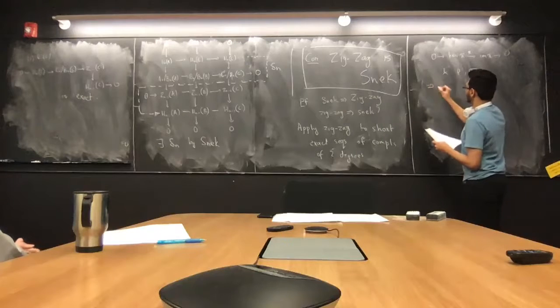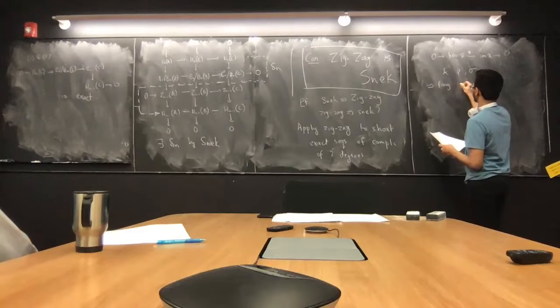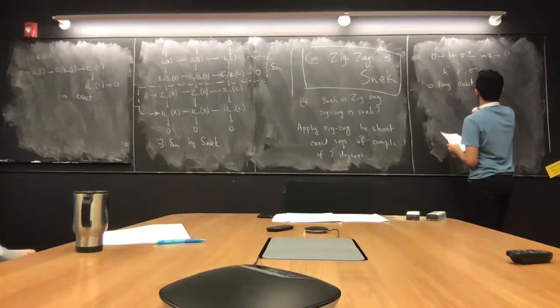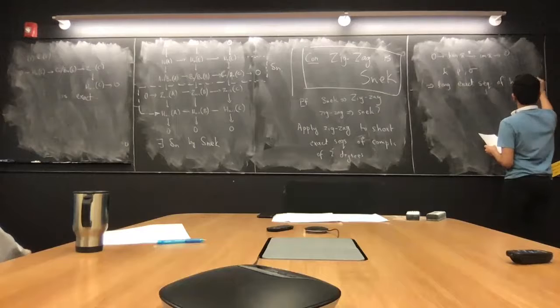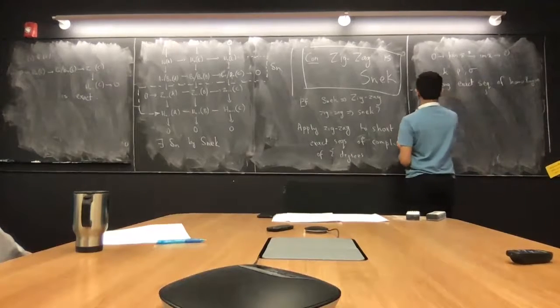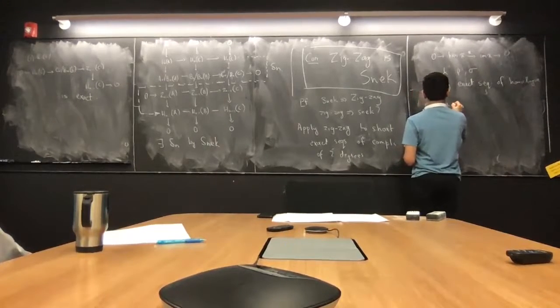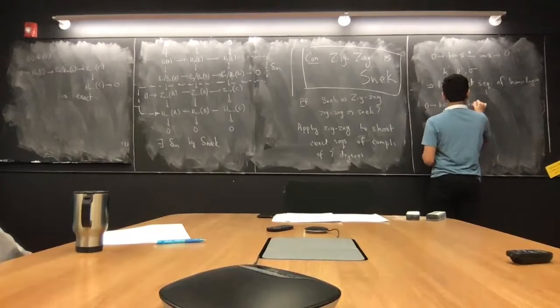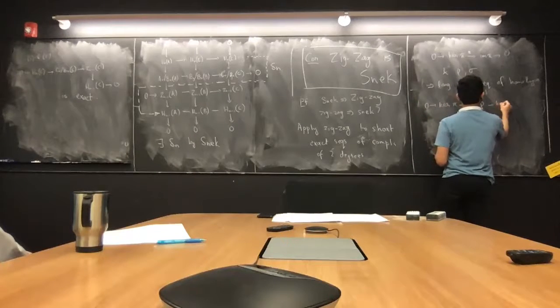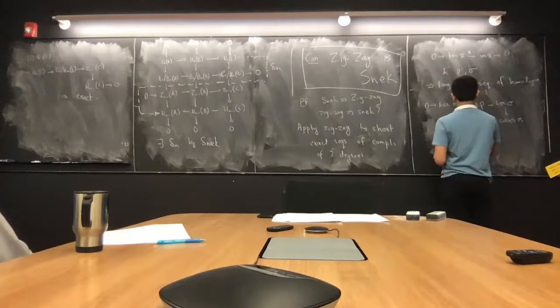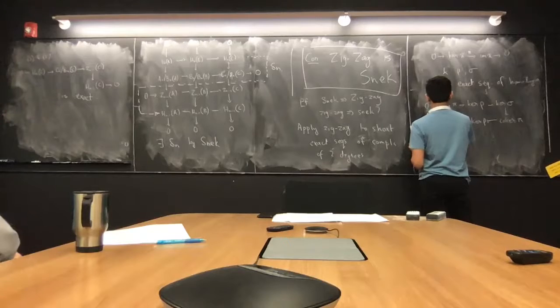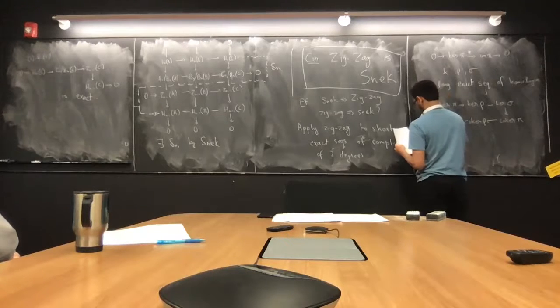So this ultimately implies, by the zigzag lemma, a long exact sequence of homologies. It looks like this: 0, kernel pi, kernel rho, kernel sigma, cokernel pi, cokernel rho, cokernel sigma, back to 0.